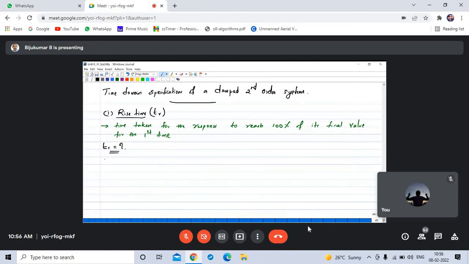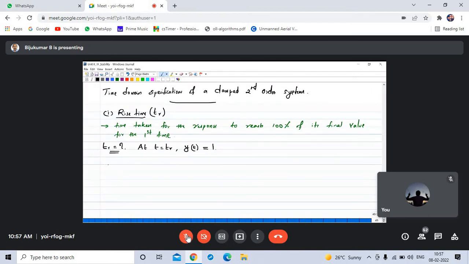We know at time t equal to tr, what is the value of y of t? Yeah, it is 1, right? So just equate the relation y of t to 1. So what is the relation of y of t?